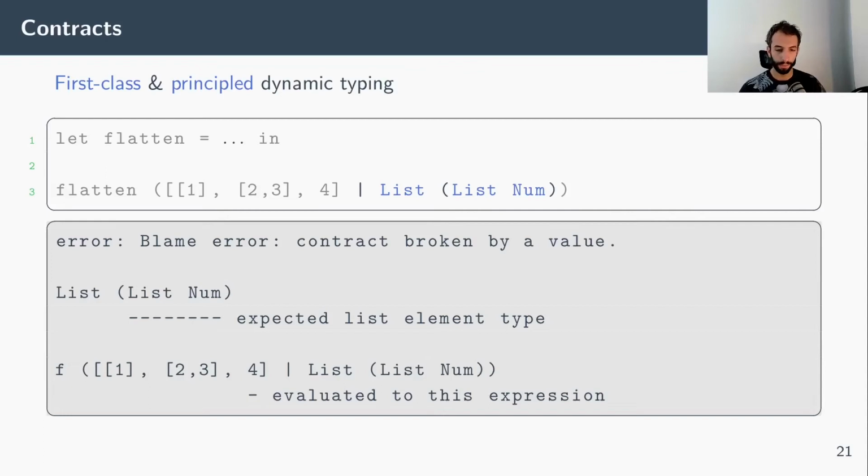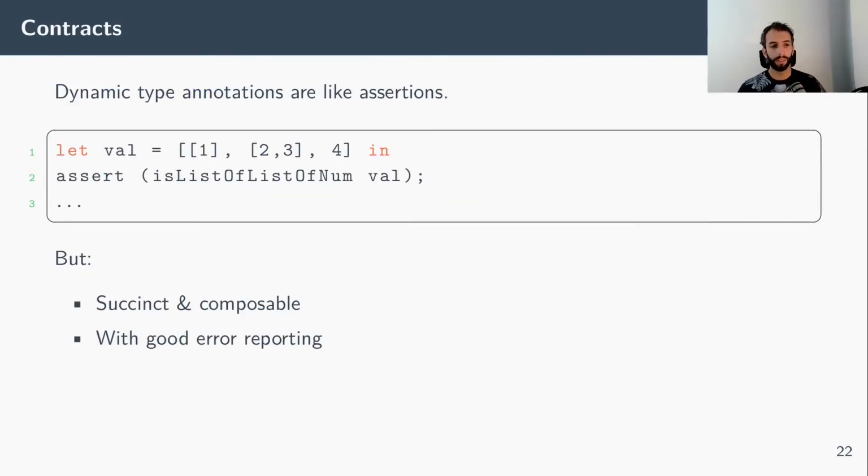This is similar to types. You can even use the same syntax, but the difference is the time when it is checked, and it's checked at runtime, exactly as dynamic typing. So those are like assertions, but succinct and composable. By composable, I mean the same as for types. You can use type constructors, list, the arrow to compose them.